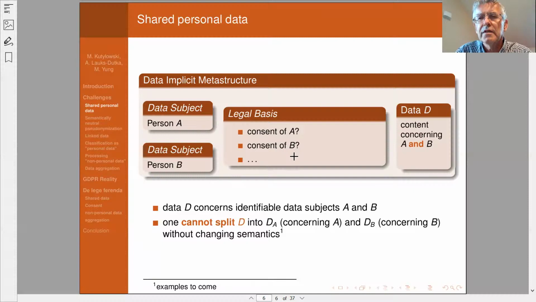But the situation becomes complicated when we cannot split the data D into 2 parts, say DA concerning A and DB concerning B. There will be some examples showing that such inseparable data do exist.